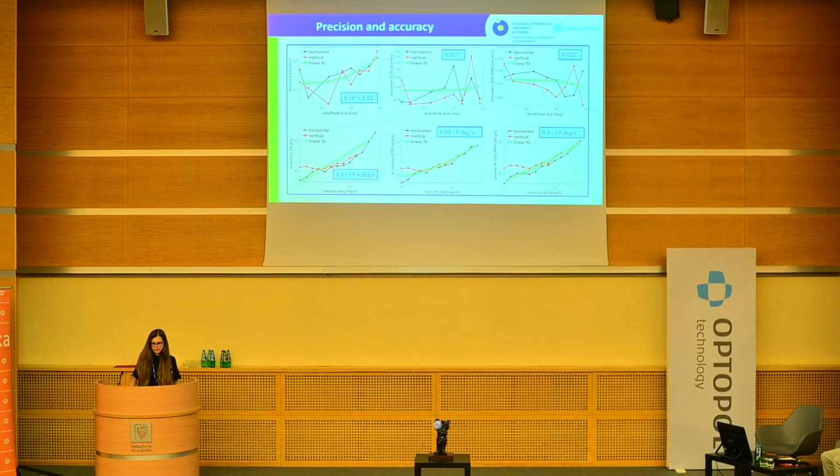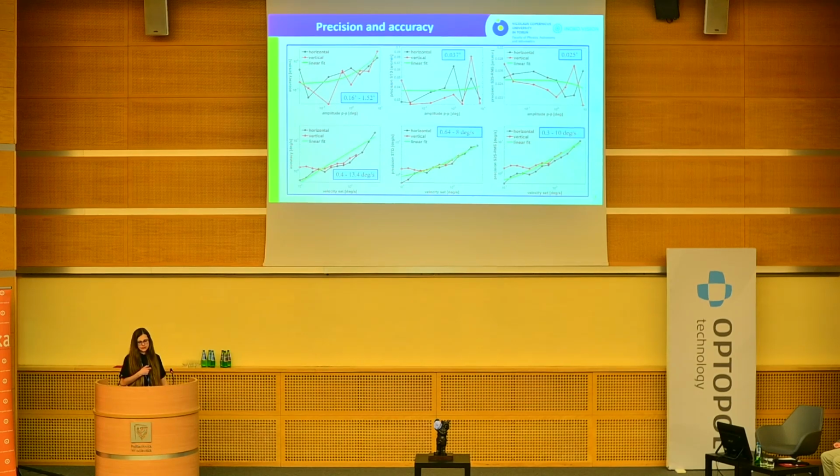Then we have precision calculated twice, once as a standard deviation, and the second as a sample-to-sample root mean square. What we can see is that the accuracy changes with amplitude or with velocity, and the smallest value is 0.16 arc minutes.